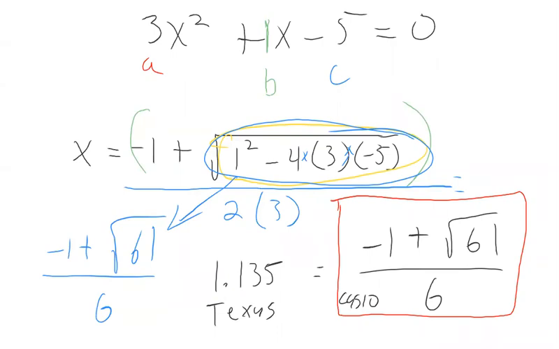So Matt, for you, put in parentheses, -1 plus, hit your square root key, 1 squared minus 4 times 3 times a -5.